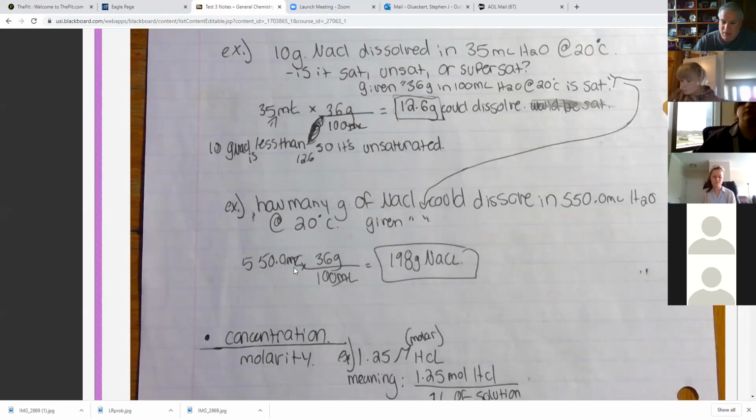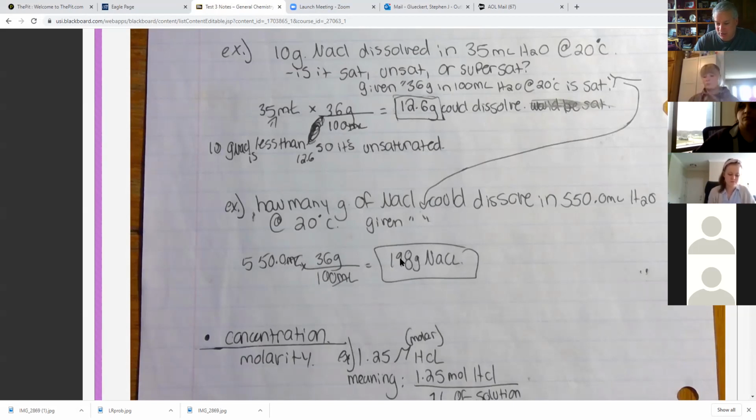What kind of solution is it? Saturated, unsaturated, or supersaturated? Saturated. Based on its solubility, right? Its solubility always corresponds to a saturated solution. So the 550 milliliters could hold a maximum of 198 grams.